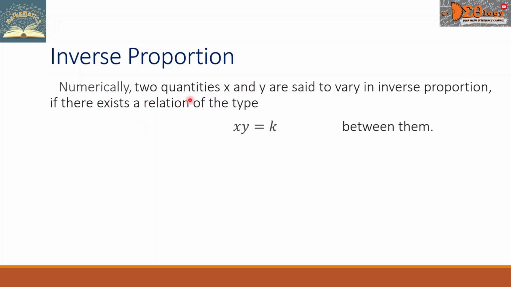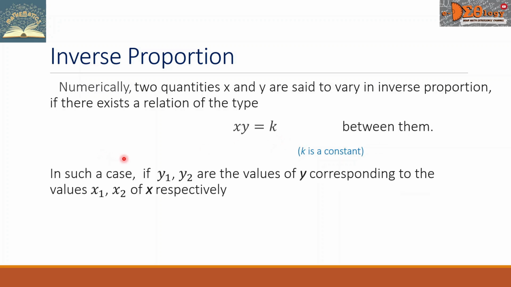Numerically, two quantities x and y are said to vary in inverse proportion if there exists a relation of the type x times y equals k between them, and the k here is a constant.